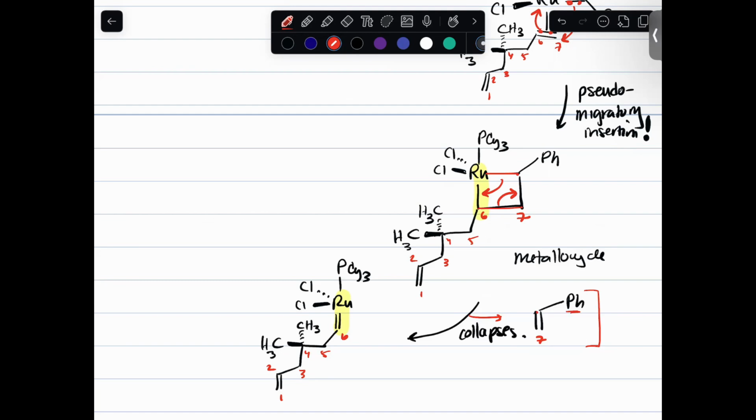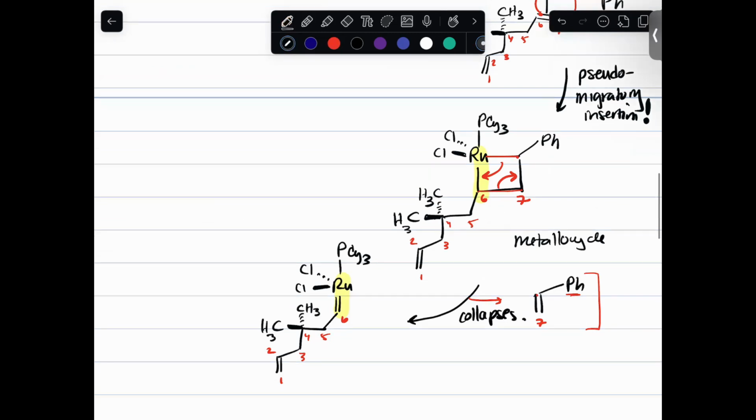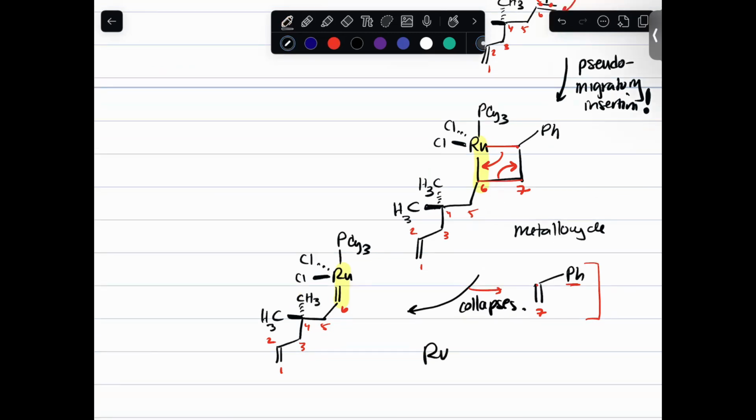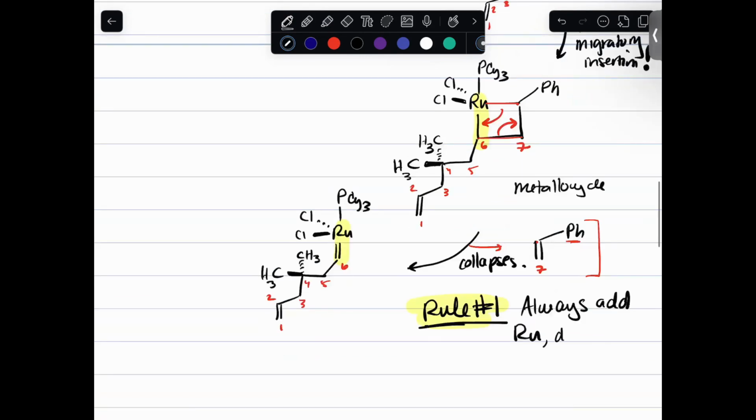Okay. So rule number 1 to this. Always add ruthenium during the pseudo migratory insertion step to the more substituted carbon.